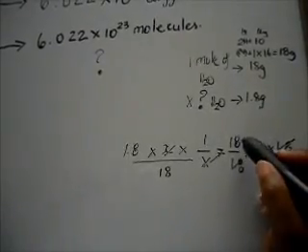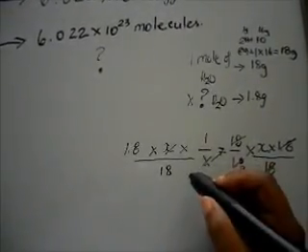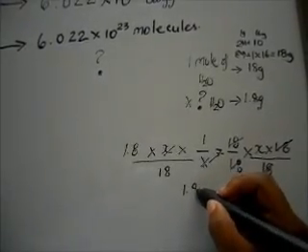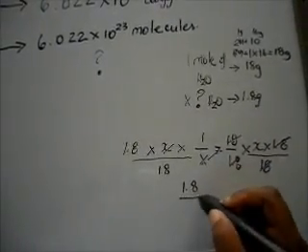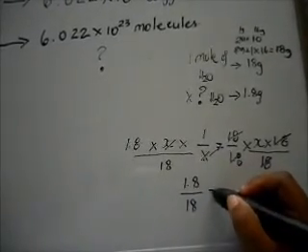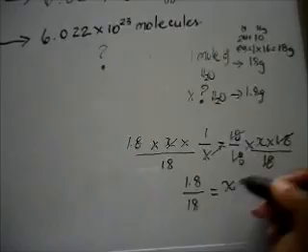Right? So what we should have now is 1.8 times 1 is 1.8, everything all over 18 equal to x.